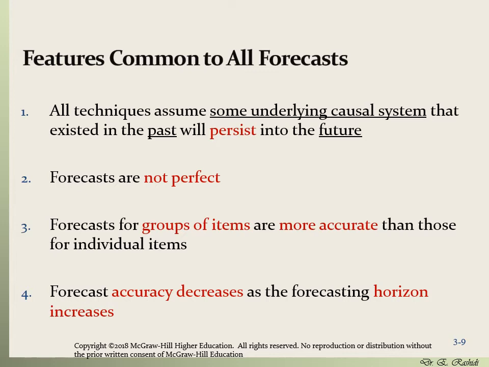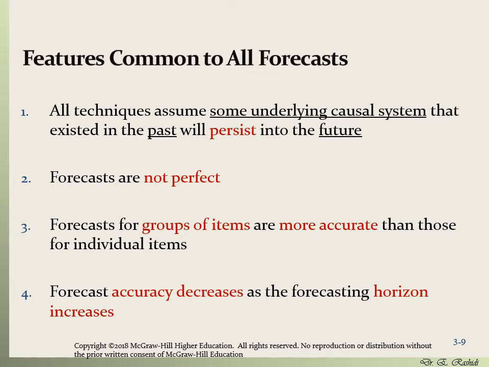That's the baseline: because of this persistence of the pattern, we claim that we can make a forecast or a prediction. Otherwise, we would not be able to do that at all.